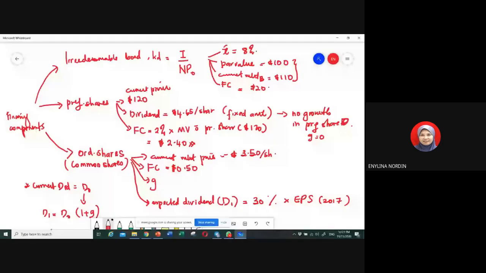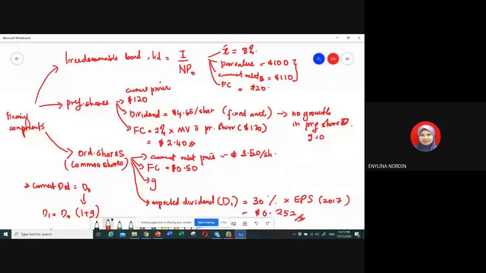Therefore, you can get the value of the expected dividend. If you have calculated, it is equal to 0.252 per share.